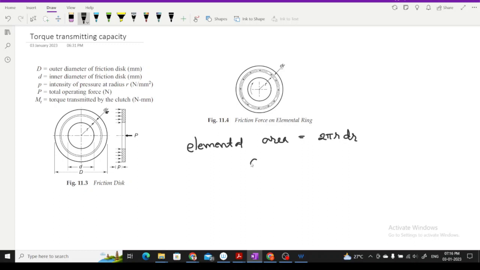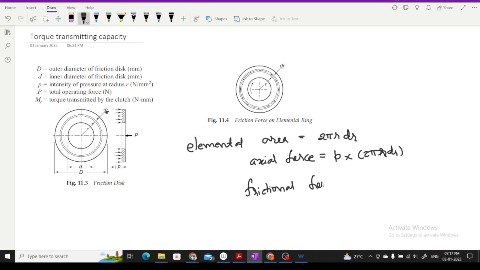And the axial force will be given by pressure into this area, 2 pi r dr. Once you have this force, you can calculate the frictional force and frictional torque.